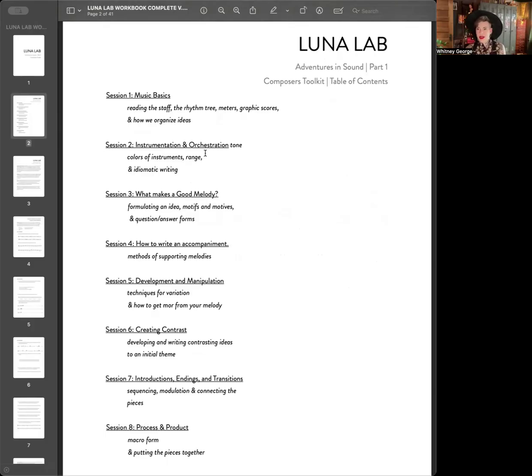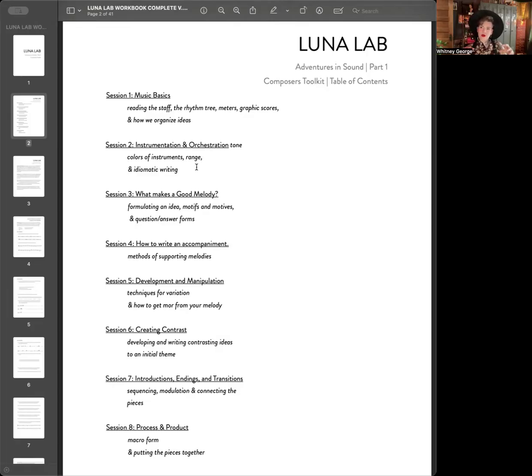And of course, how we organize ideas, because that's going to be something that we're interested in as composers quite a bit. We then talk about things like instrumentation and orchestration, otherwise the tone colors of a particular set of instruments, ranges, idiomatic writing, things that are natural to a particular instrument.